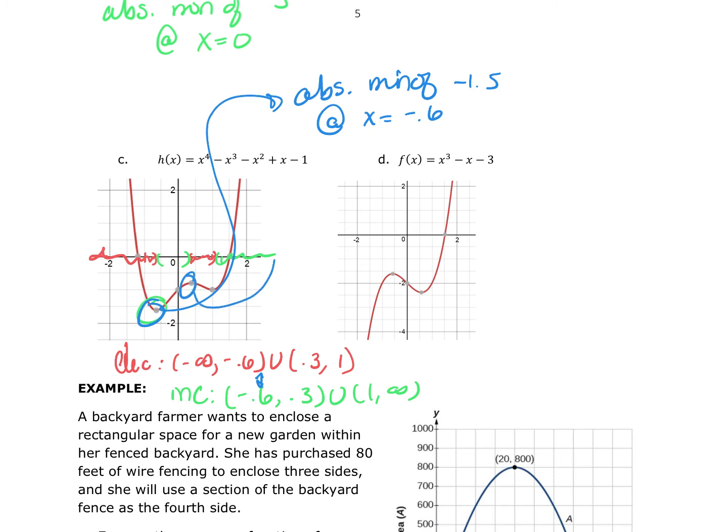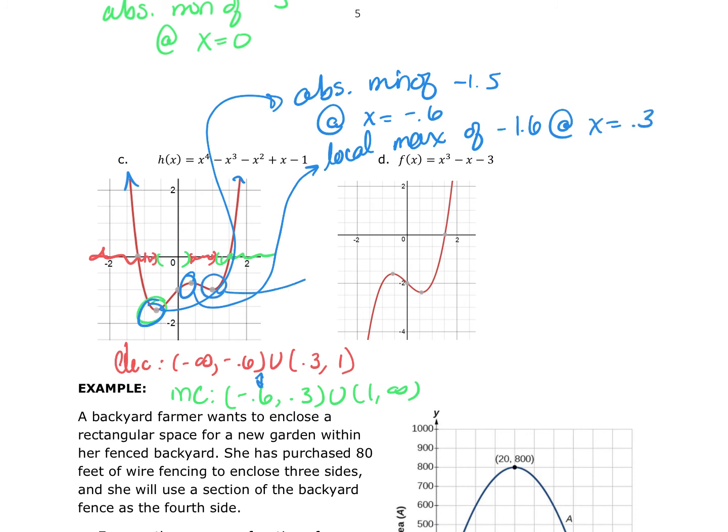Right here is a local max, because these are going up forever, of, it looks like -1.6 at x is equal to 0.3. And then right here, this is so sloppy.